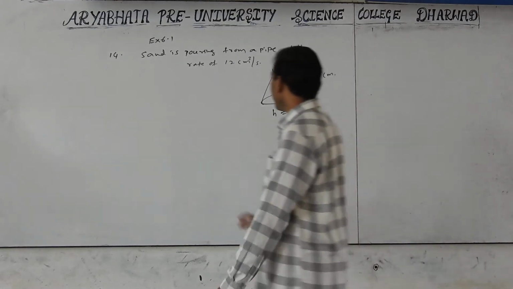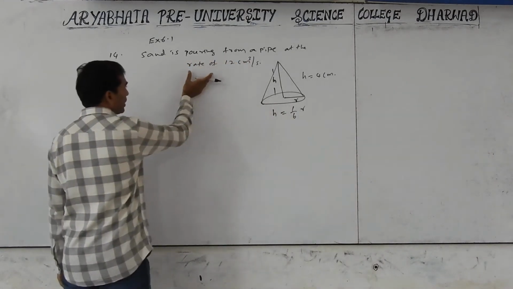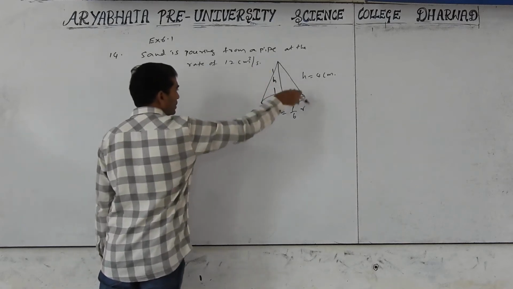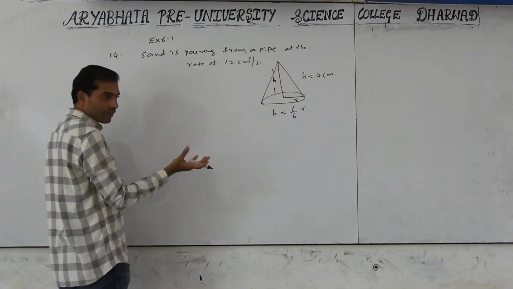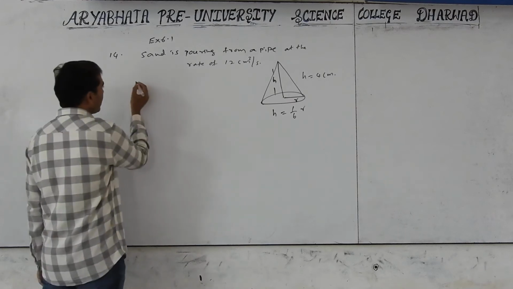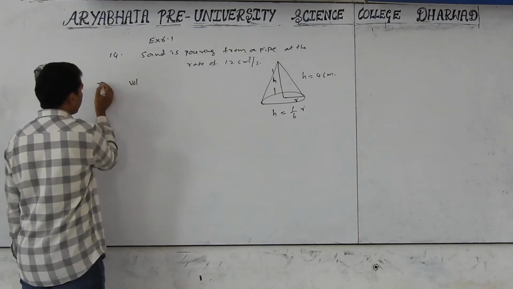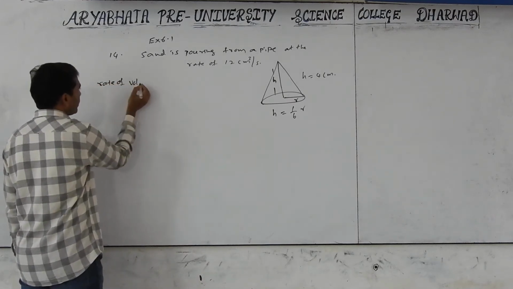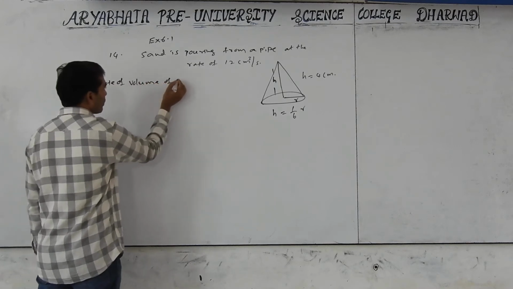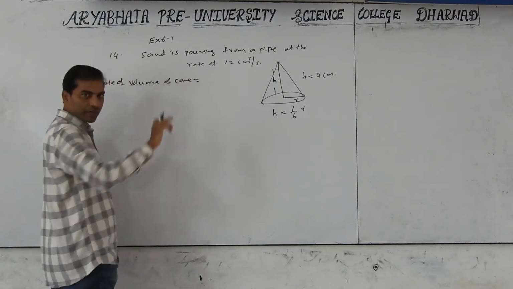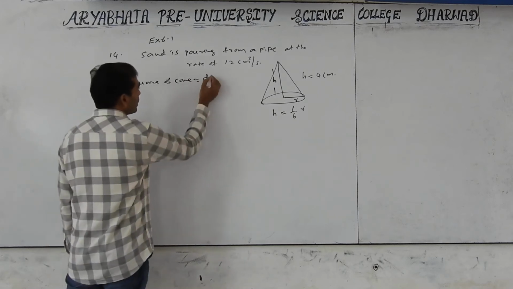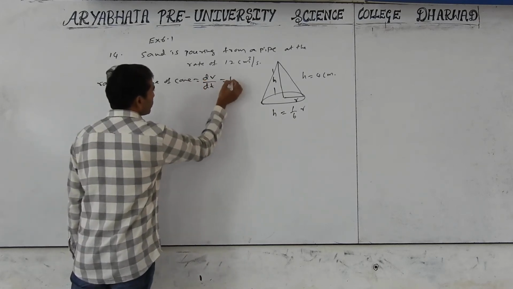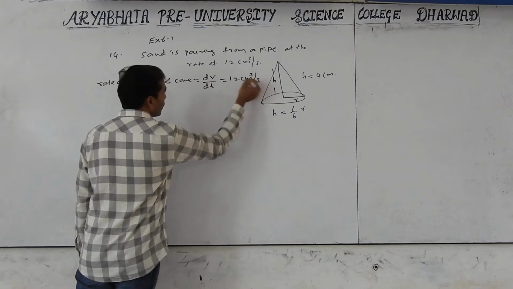Okay, so given here, sand is falling from a pipe at a rate of 12 centimeter cube per second. What is this? The rate of volume of the cone, or sand forming like a cone, dV by dt equal to 12 centimeter cube per second.